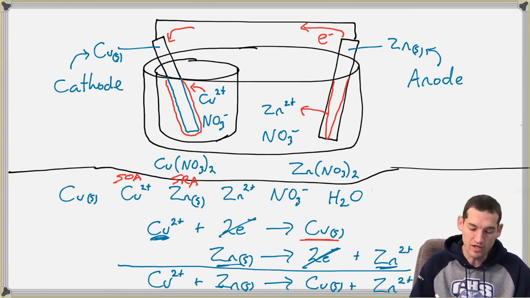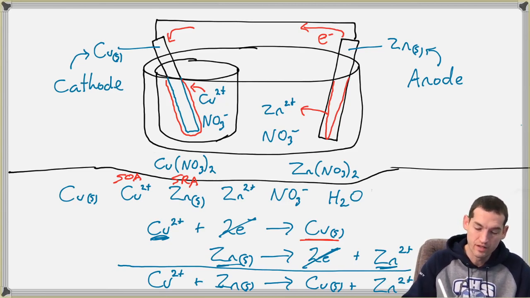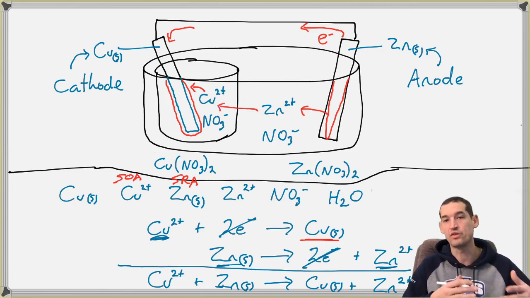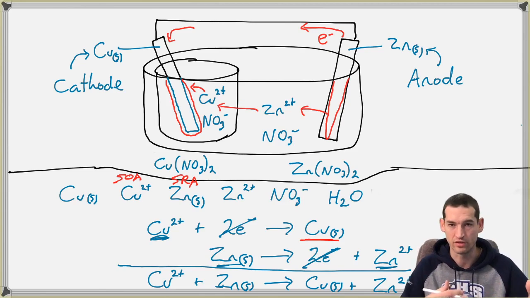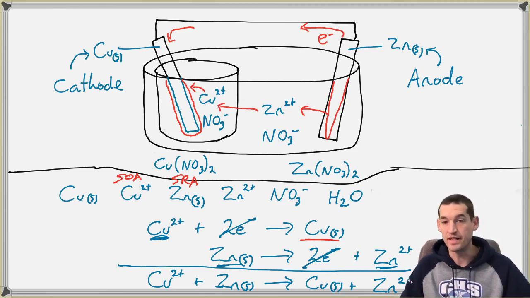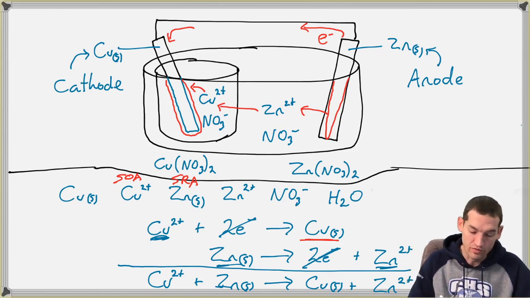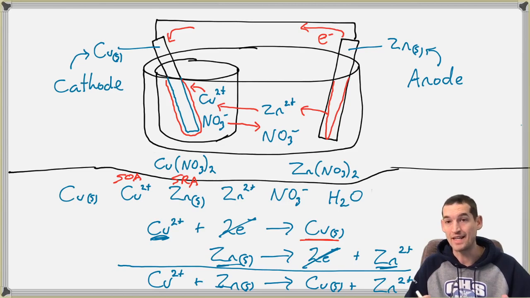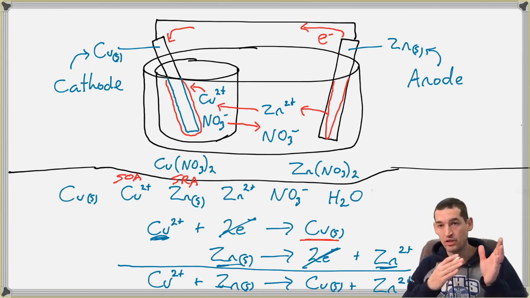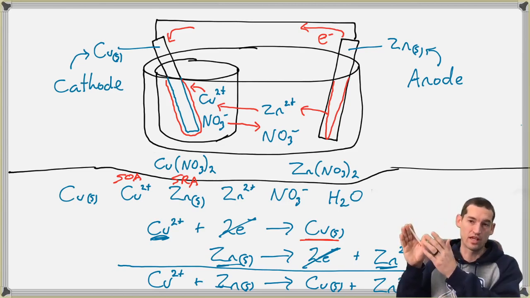So these positively charged zinc ions are going to move, actually let me make that red, they're going to move through the porous cup into the other solution to try to balance the charge. And negatively charged ions, or anions, are going to move through the porous cup towards the anode. So anions always move towards the anode, cations always move towards the cathode.